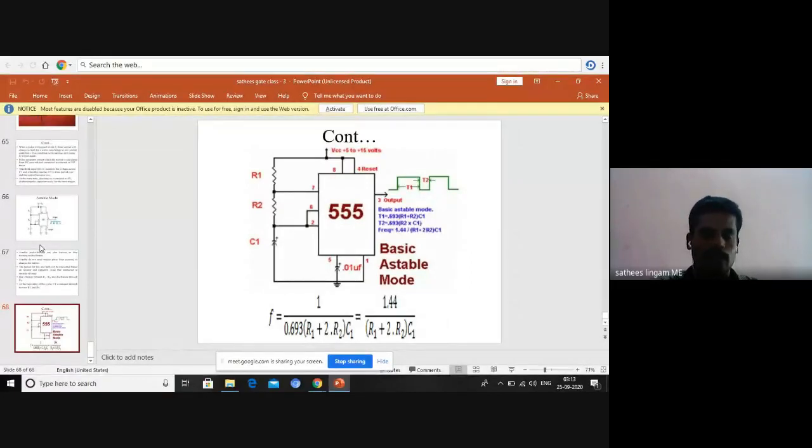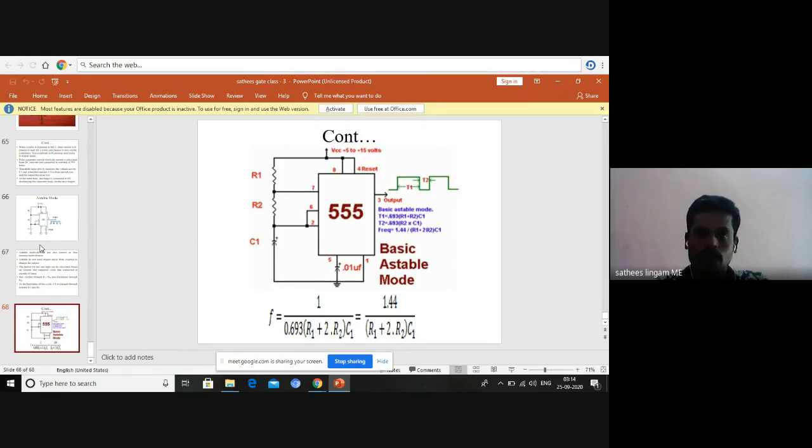You see here T1: on our output side, we are receiving the free-running signal. T1 is the time duration for one pulse, then during the off time, the T2 duration is taken. T1 will be 0.693 into (R1 plus R2) C1.